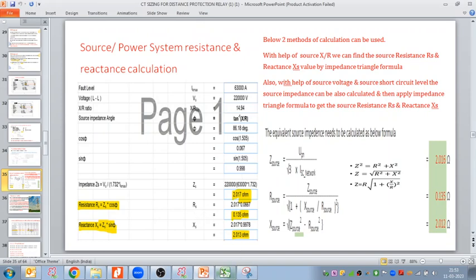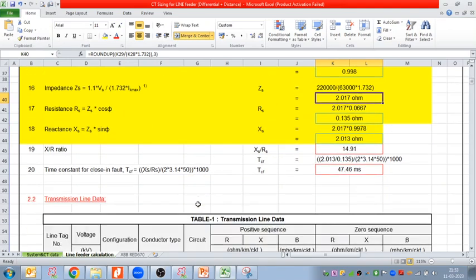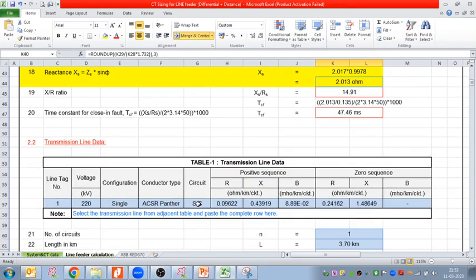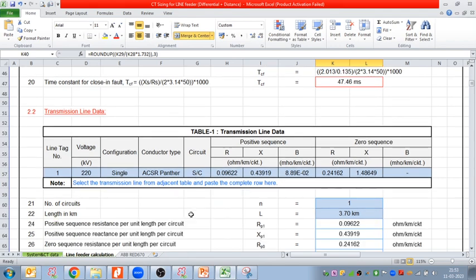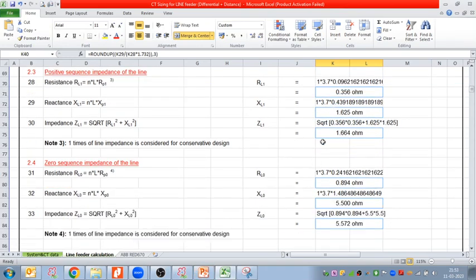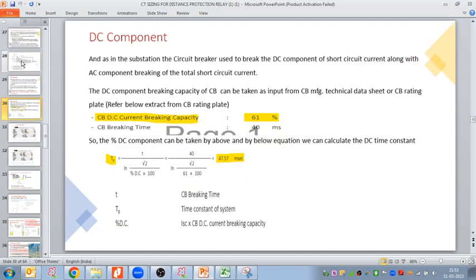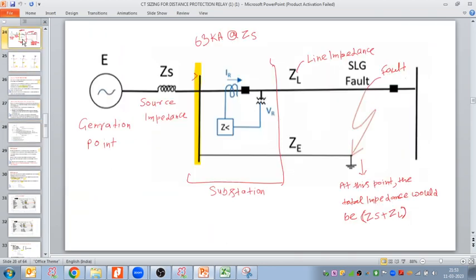Now we need to calculate the through fault current also. For the through fault current, how can we calculate? As we discussed, through fault current is what? The source impedance ZS we already calculated.